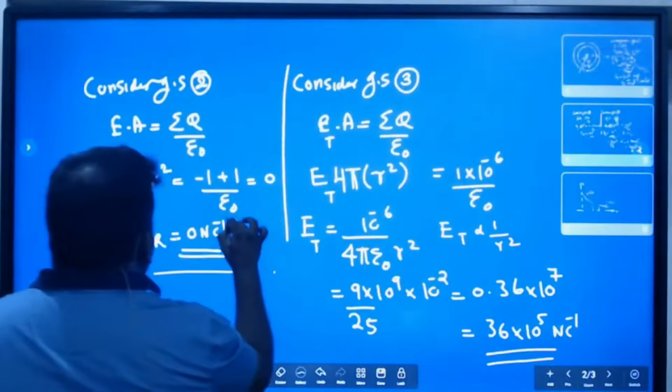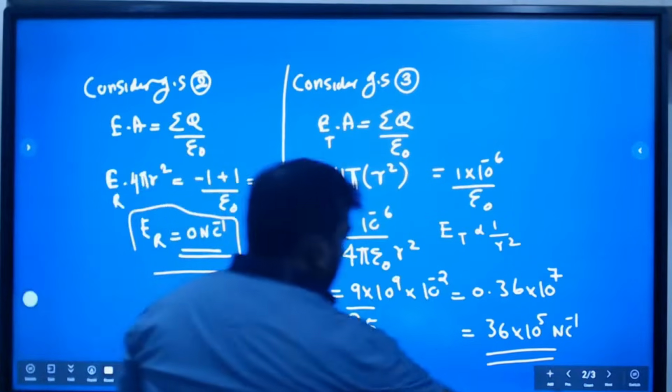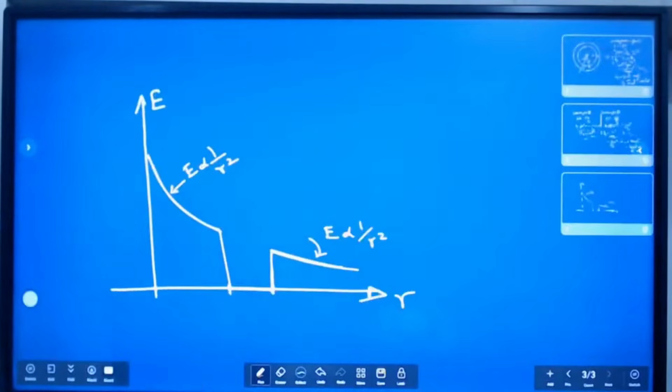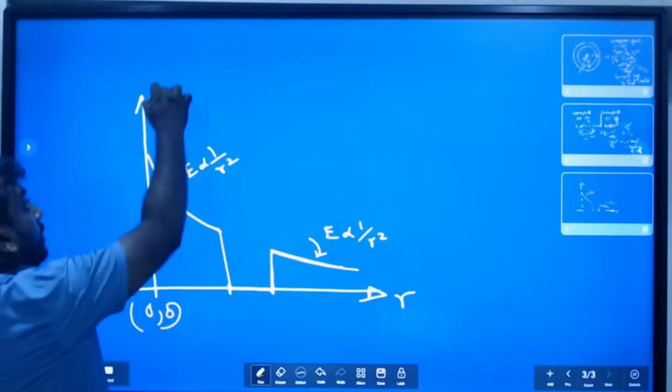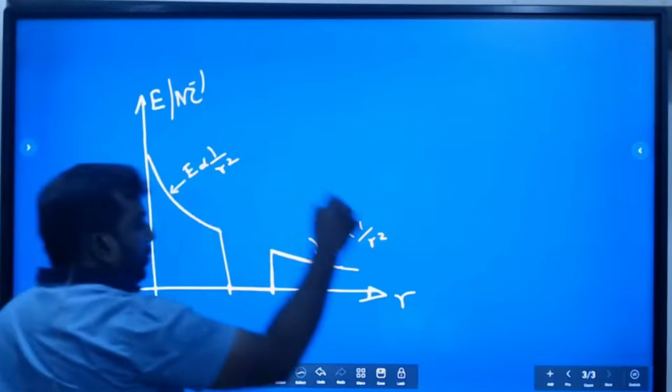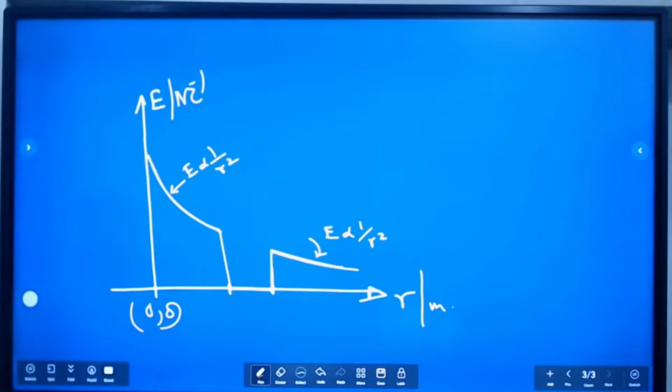In between only 0. So once you need to draw it, there you go, the graph. Please name the axes: Newton per coulomb here, meter here.